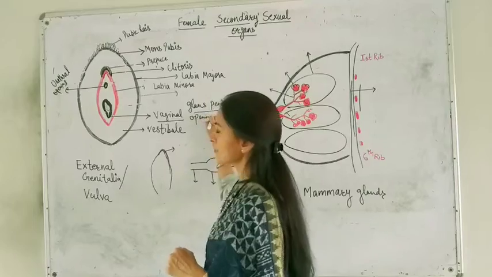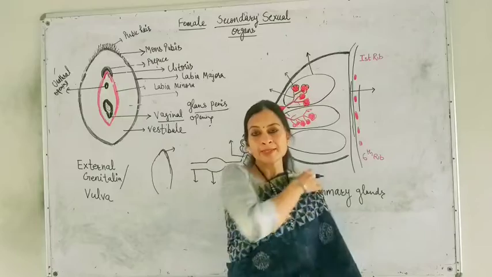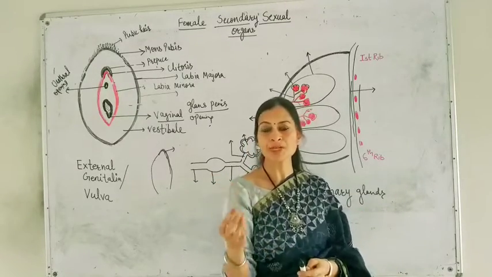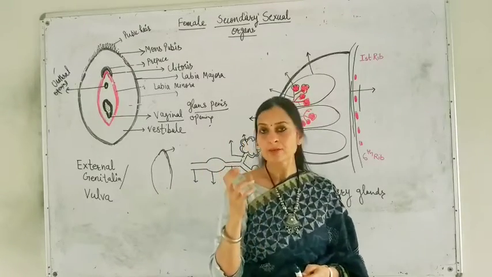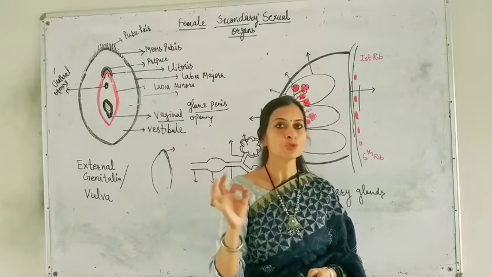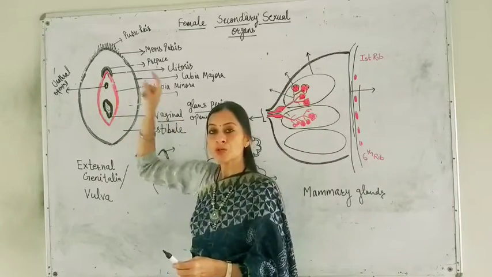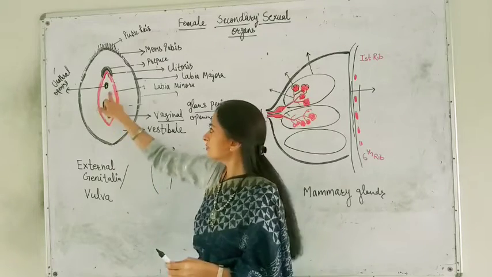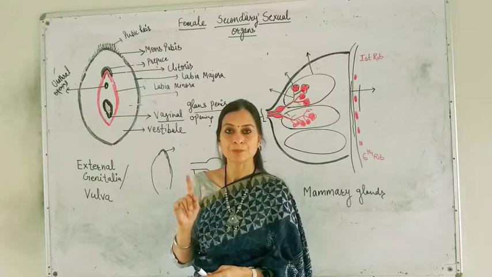Just recall the excretory system. It consists of the kidneys, which form urine that is collected by the urinary bladder, and when the bladder is filled, the urine is passed out through the urethra. So this is the urethral opening through which urine is passed out in females. This aperture is linked to the excretory structure, not the reproductive system.